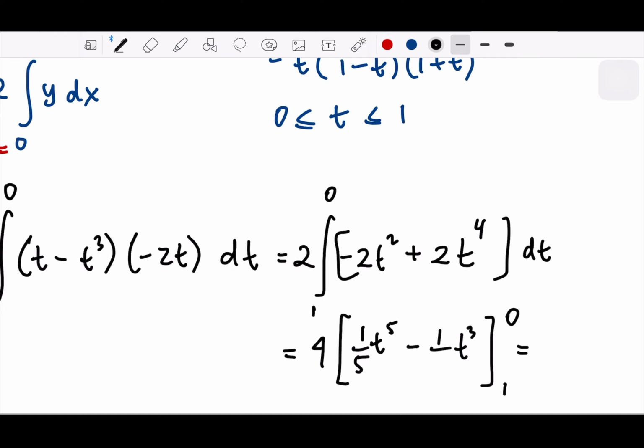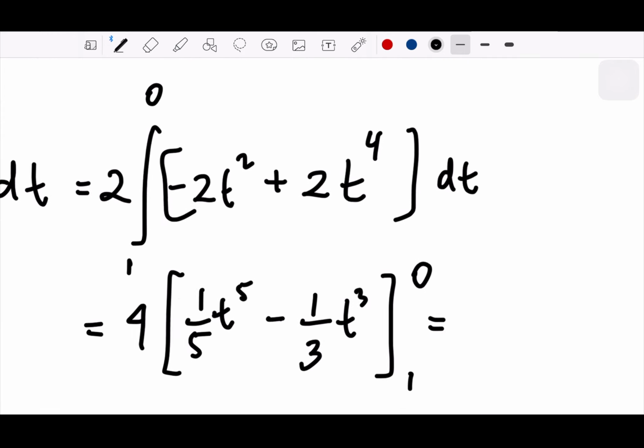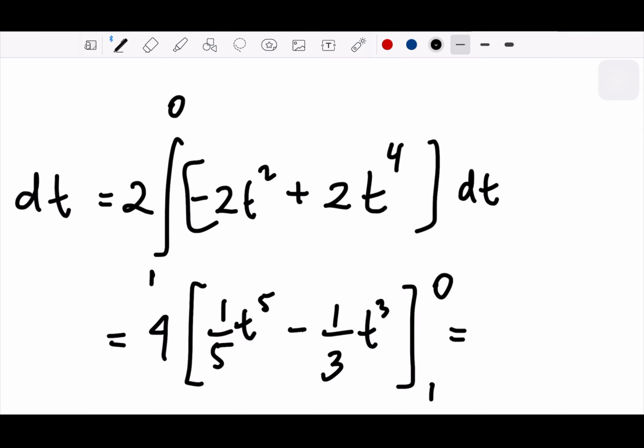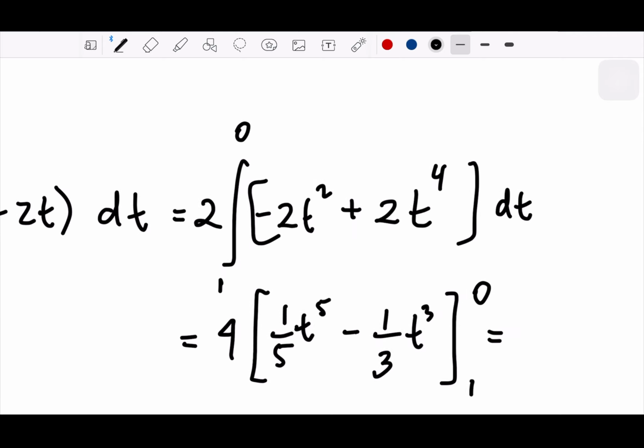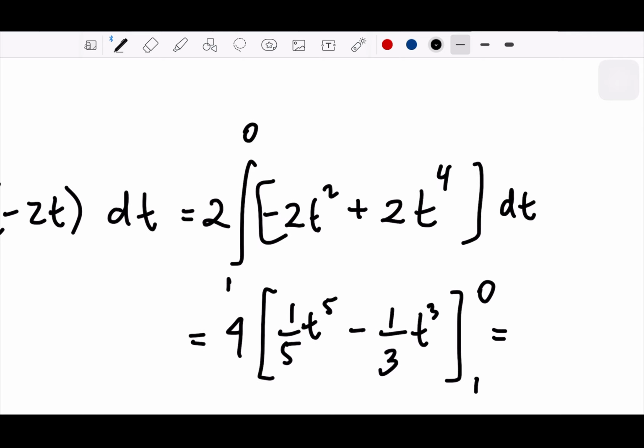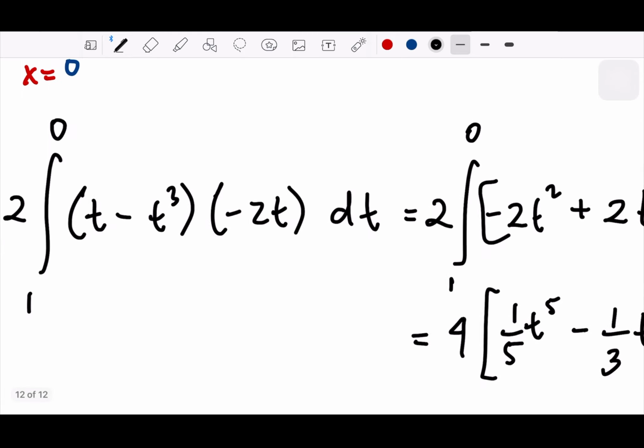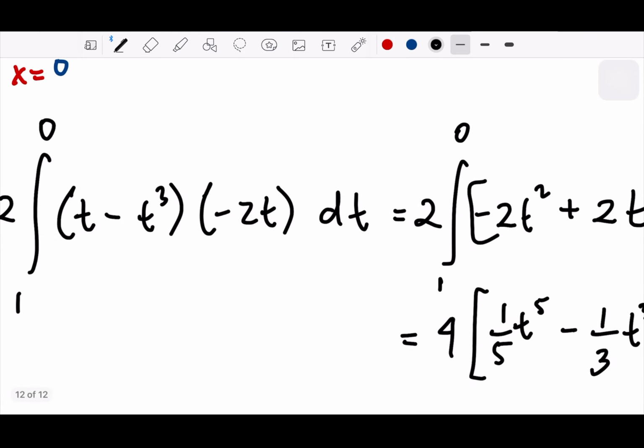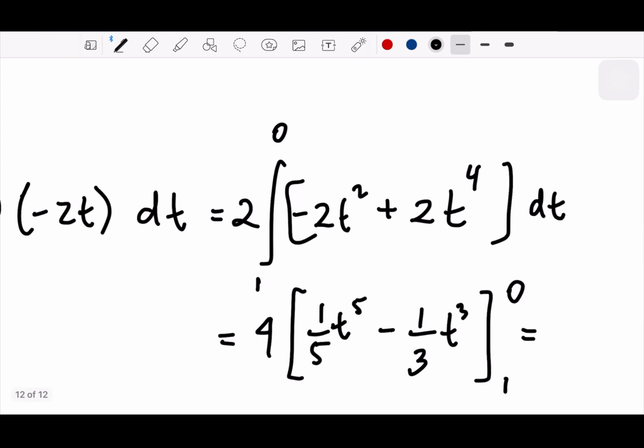Should be 3, yeah. Well, I'll write 5, okay. Okay, and then let me check the negative signs. Negative 2t squared. Yes, it's correct, right?